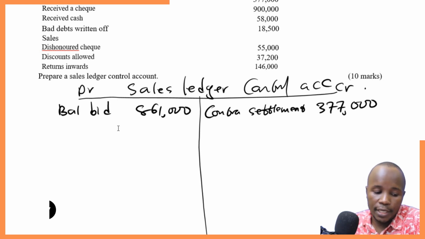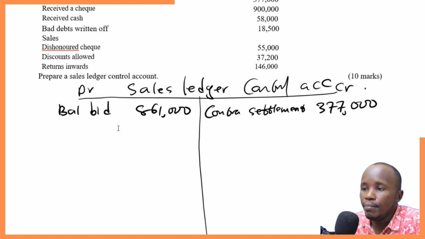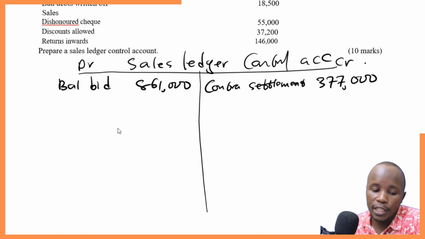You received a check. What happens when you receive a check? The check is meant for payment. That means when you receive a check, it is supposed to reduce your debtors. Therefore, it is going to be on the credit side, because anything that is reducing your debtors or accounts receivable goes on the credit.